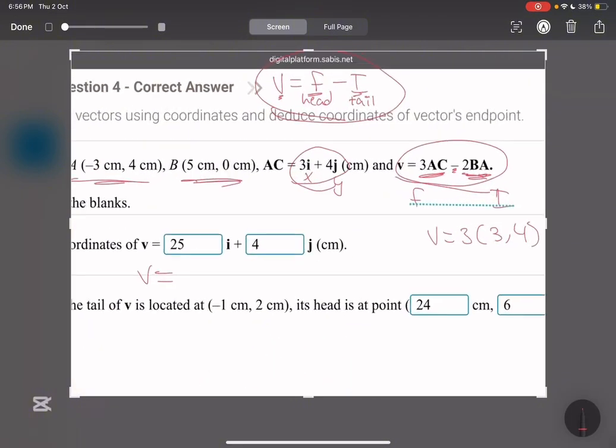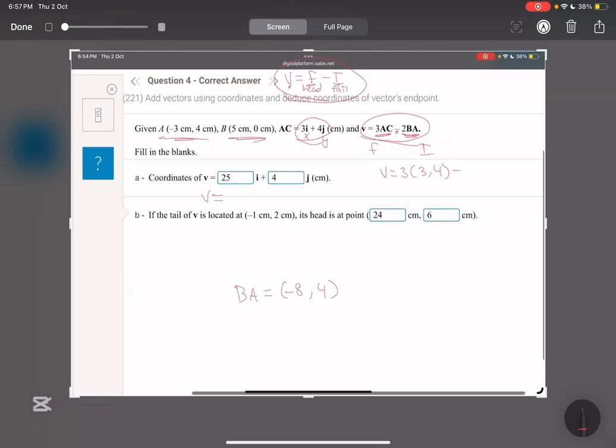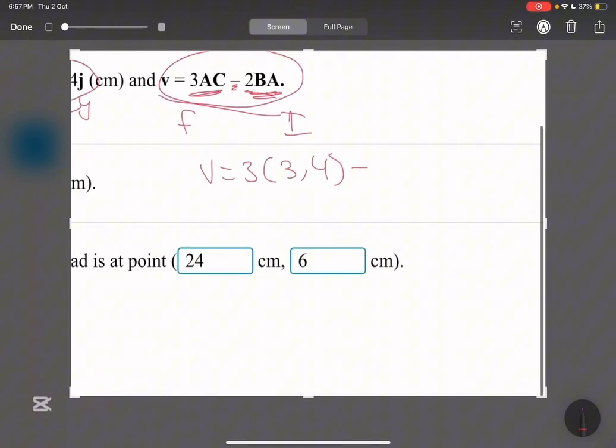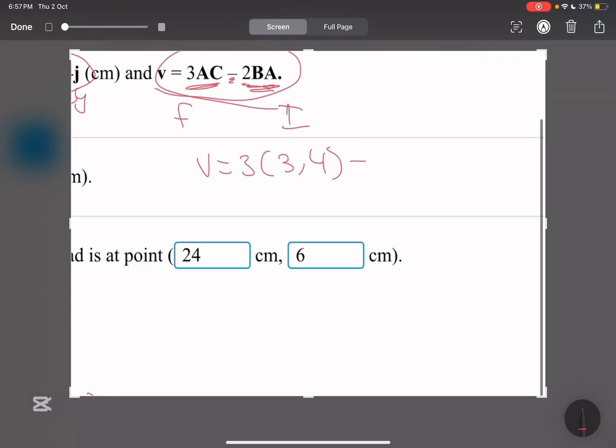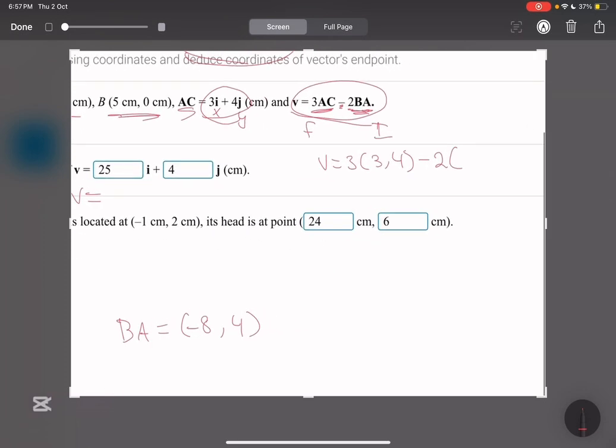Okay, just remember, the vector is always going to have a name, like this is the initial, this is the final, and it's always going to be final minus initial, okay, and the points of a vector. So we have BA, we have AC, and we already put 3 times AC. Now we're going to do minus 2 times BA, which is -8 and 4.